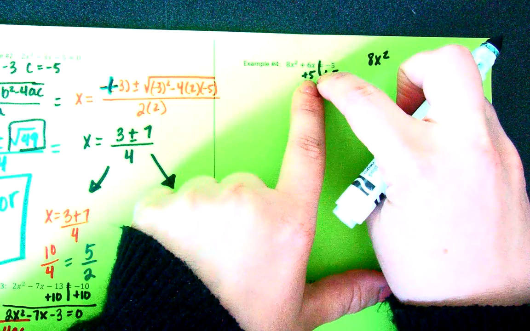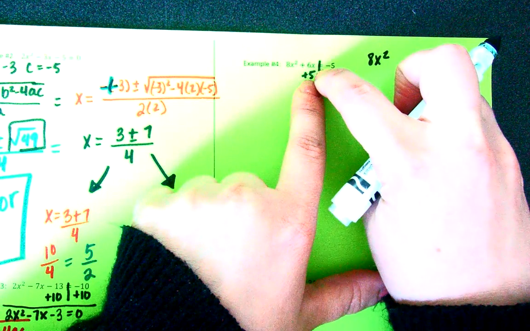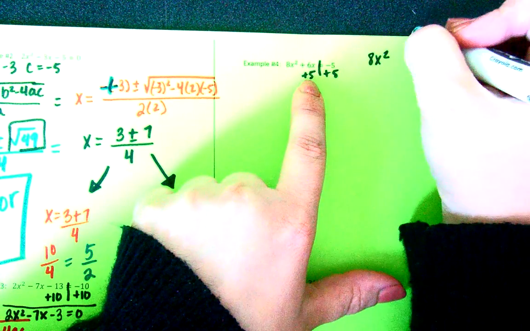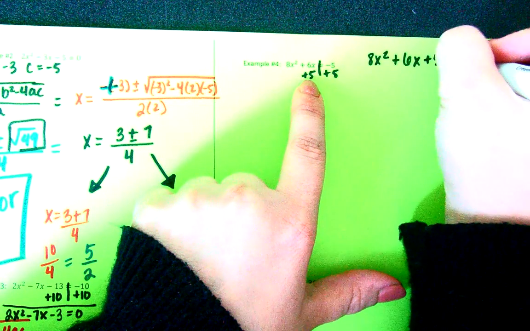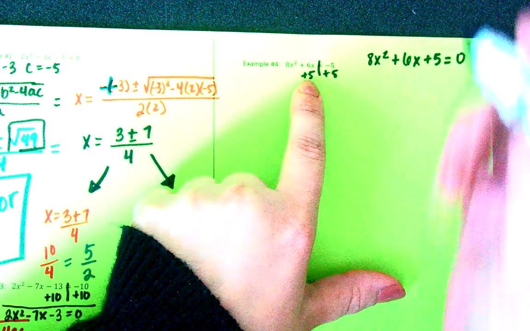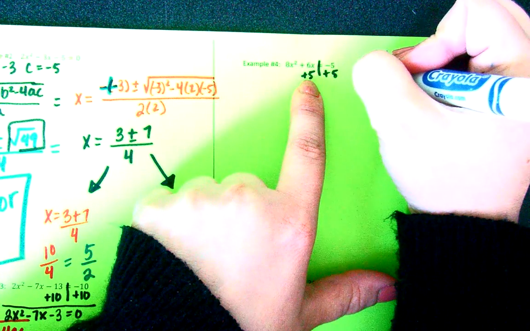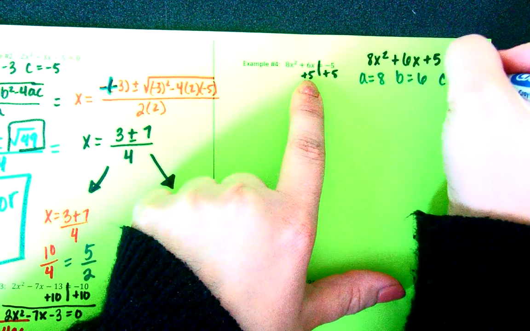Well, no, because 5 does not have an x. Remember, you have to combine like terms, but they have to have the same last name. So you just add it on at the end. So it'll be plus 6x plus 5 equals 0. It equals 0. We can identify our A, B, and C. So A is 8, B is 6, C is 5.